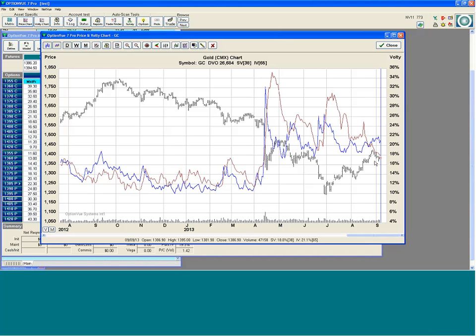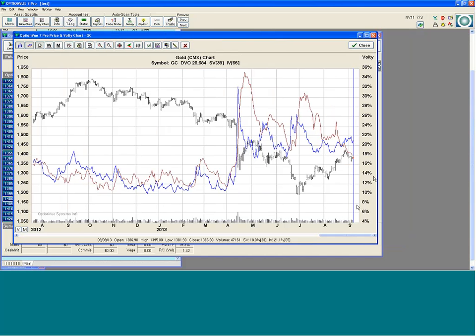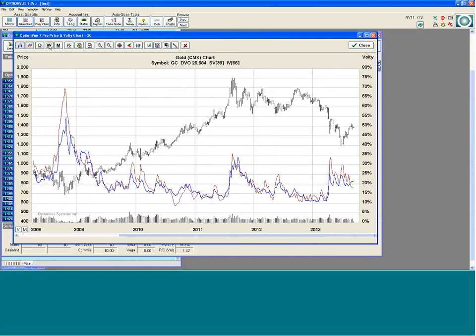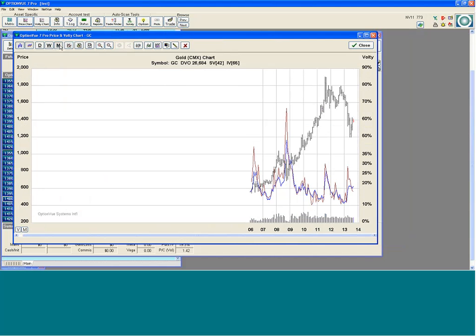Why would I want to benefit from a rise in implied volatility on gold? Because when I look at this chart from OptionView, I can see a couple of things. This is a daily chart, a bar chart, along with the implied and statistical volatility overlaid on it. And we can also look at weekly bars. We can look at monthly bars.